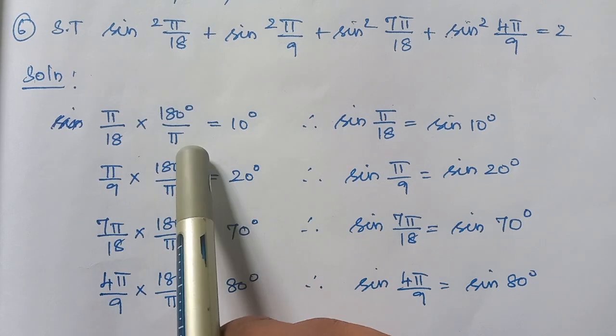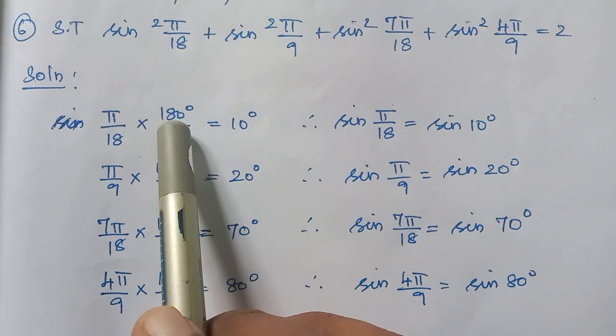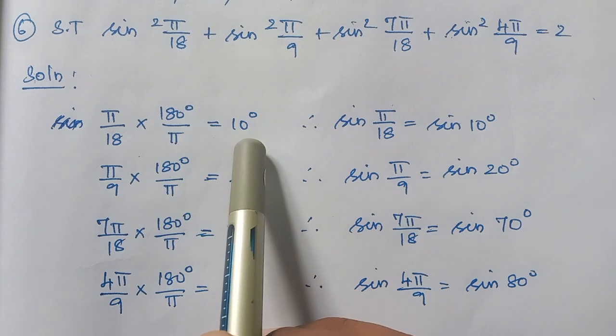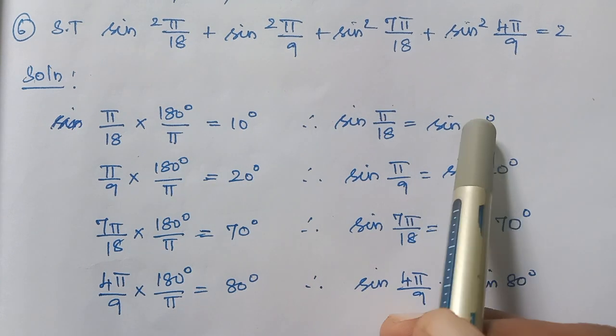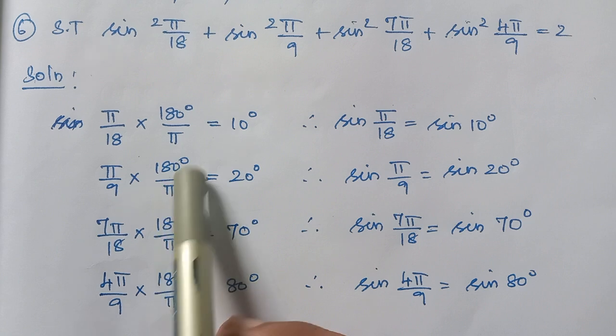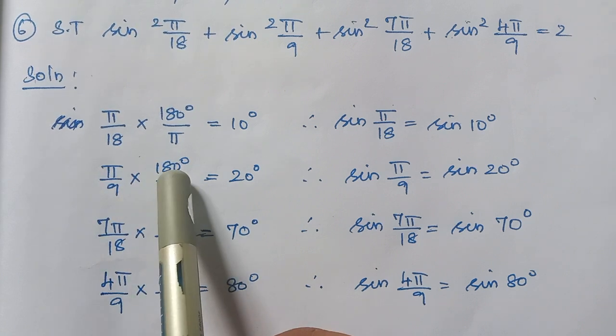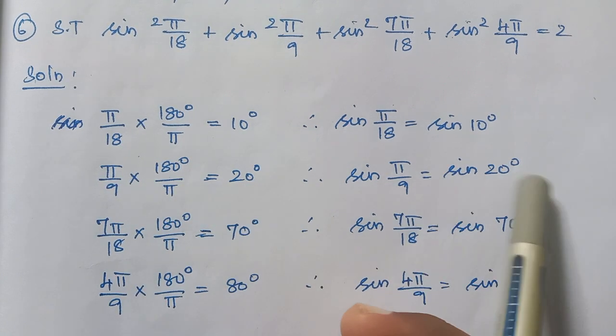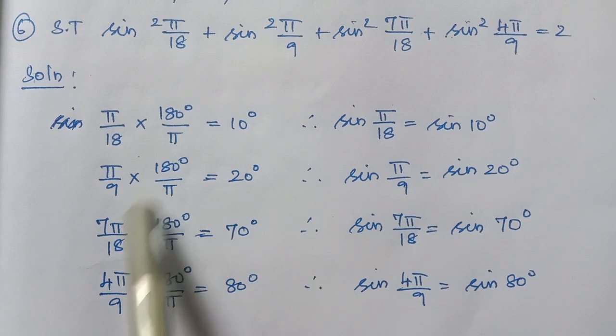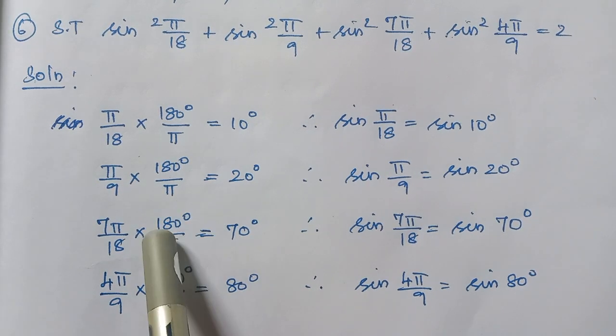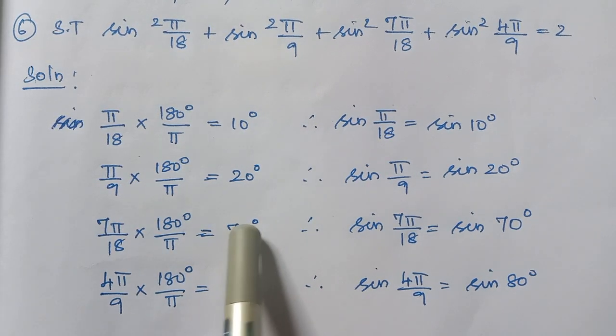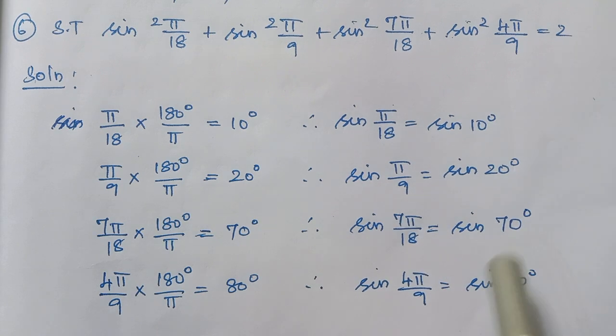So here pi and pi cancel, 18 with 180 goes 10 times, so 10 degree. So sine pi by 18 is sine 10. Similarly 180 by pi and pi cancel, 9 goes for 20 times, so it is sine 20. Similarly here pi and pi cancel, 18 with 180 is 10, 7 into 10 is 70, so it is 70 degree.